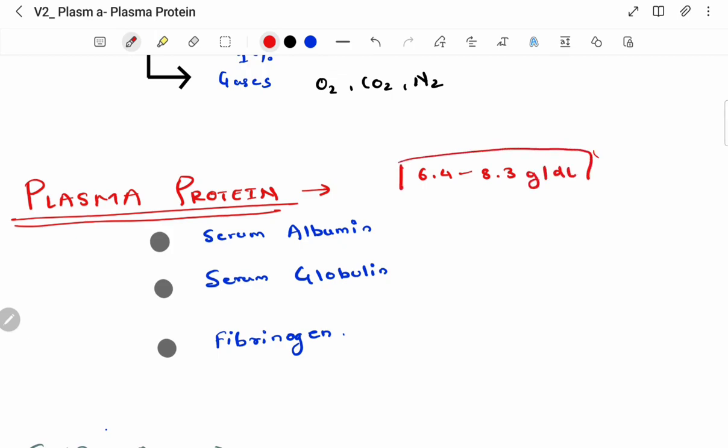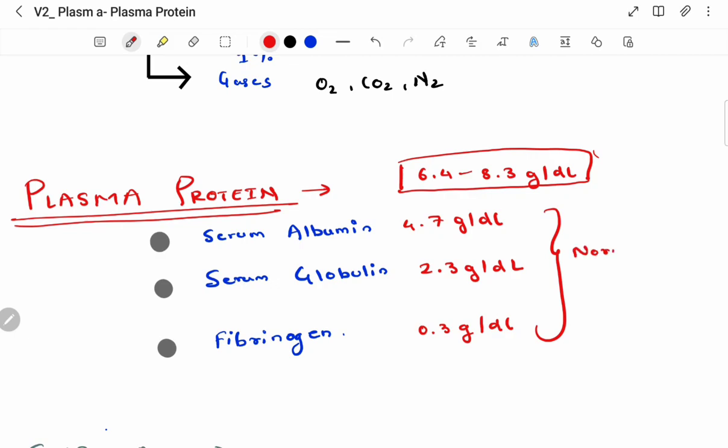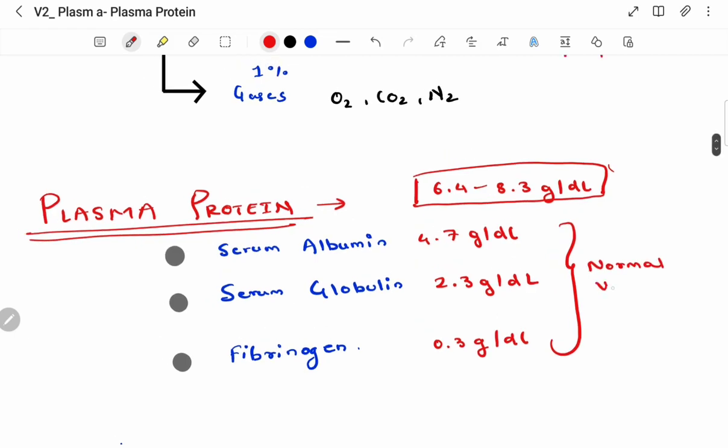This is about total protein. Albumin holds about 4.7 gram per deciliter. Globulin is 2.3 gram per deciliter, and fibrinogen is 0.3 gram per deciliter. So these are the normal values found in blood. You can see the concentration of albumin is more, then comes globulin, and last is fibrinogen.